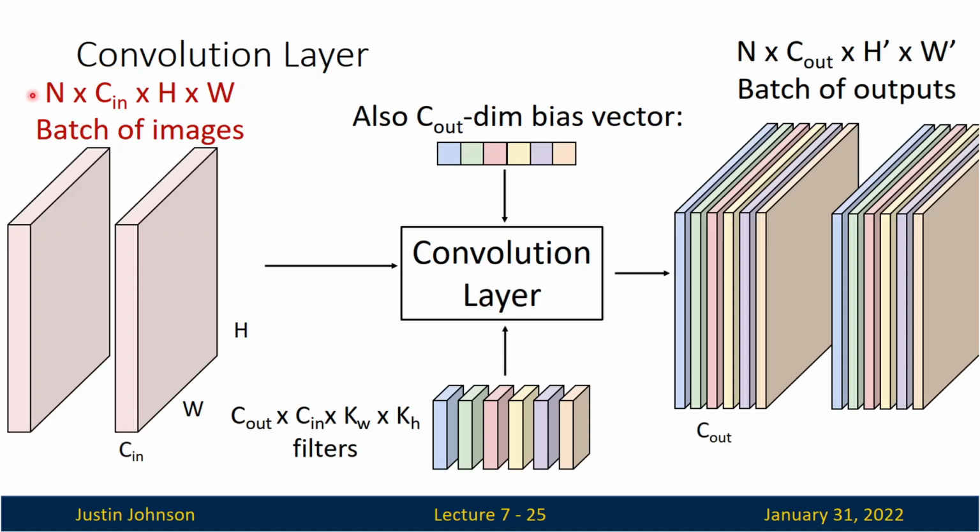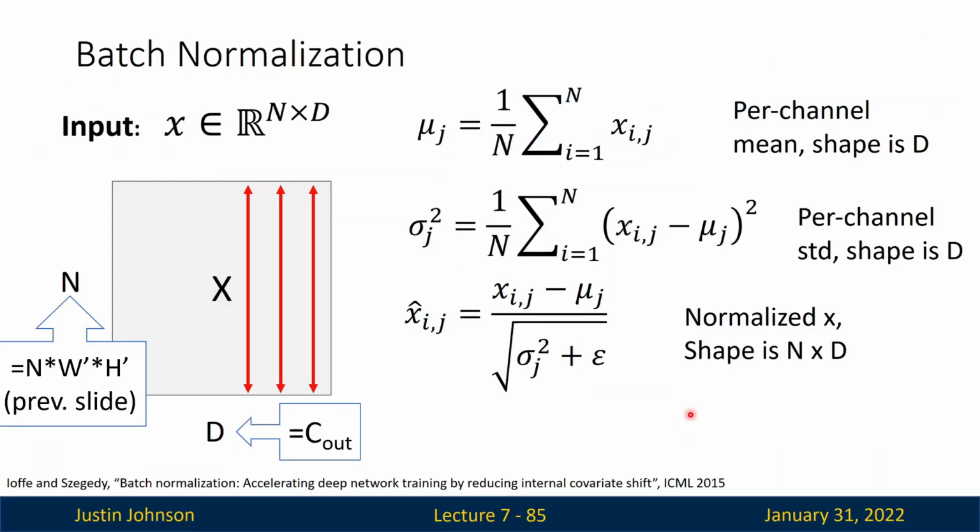If we have a batch of input layers, the number of instances in the batch is N, and each instance has C in channels, and the resolution of those channels is H times W. This is our output result. Then let's take a look at this figure. Pay attention to C out. This is the number of output channels.